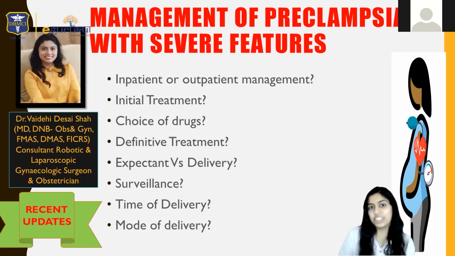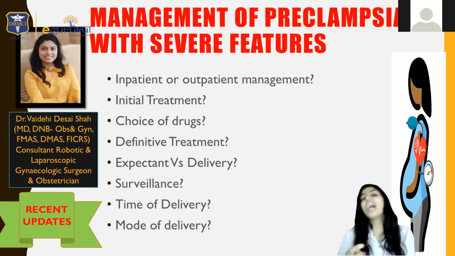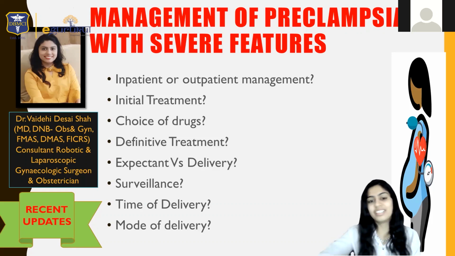So in those conditions, when there is a poor Bishop's score or whenever vaginal delivery does not seem to be imminent, cesarean section is done. All right, so now I will tell how we managed this patient.